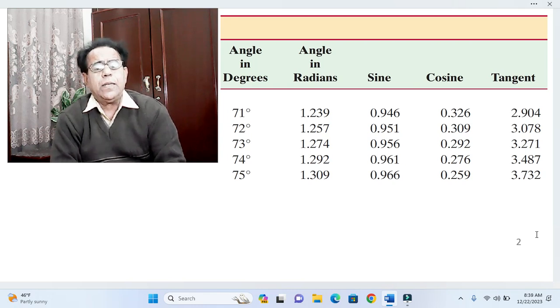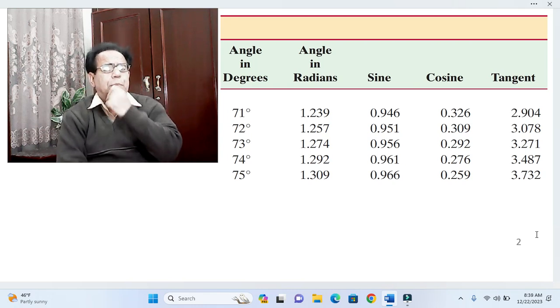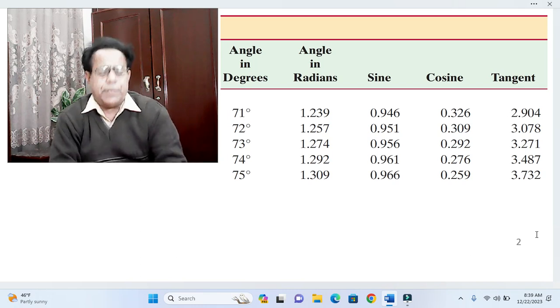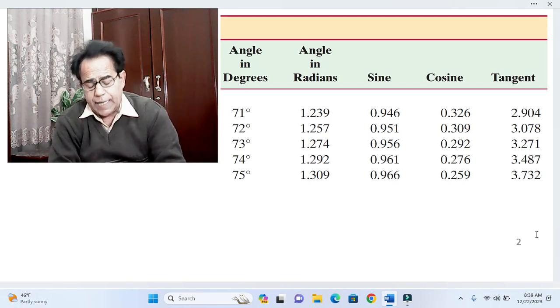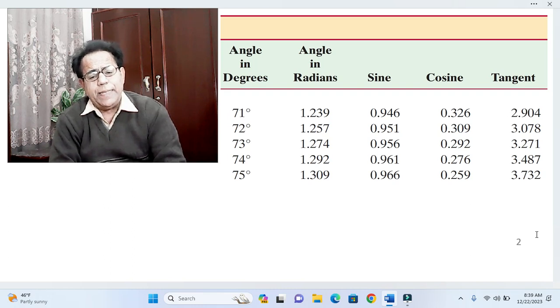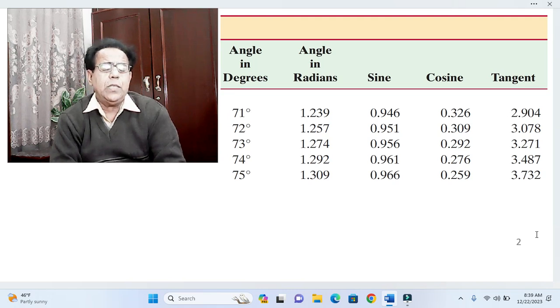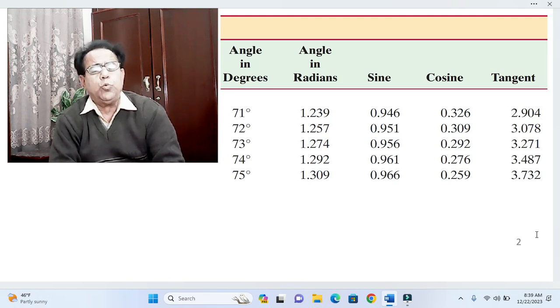The third quadrant is from 180 to 270, where both x and y are negative, while in the fourth quadrant, from 270 to 0 degree, x is positive and y negative.